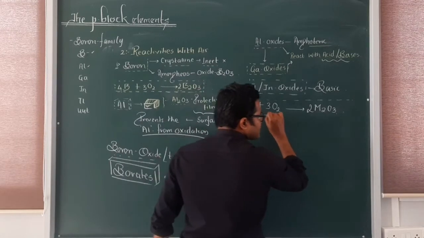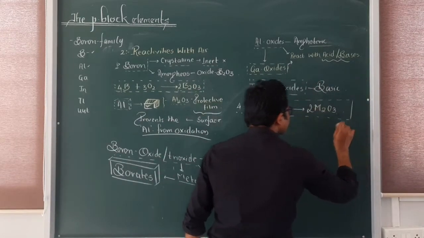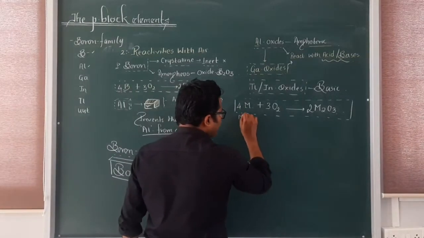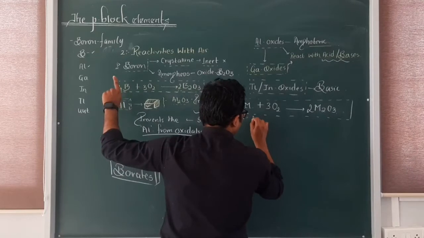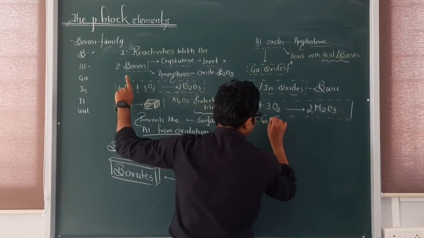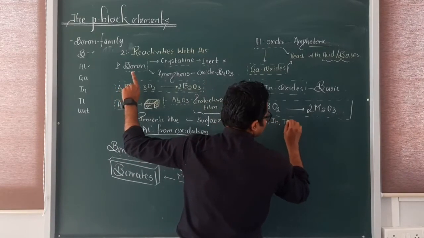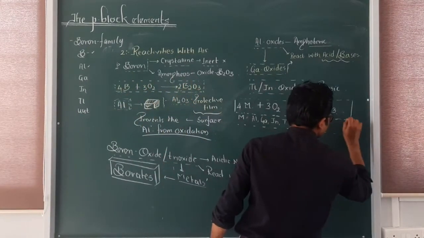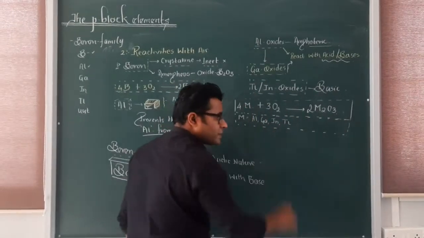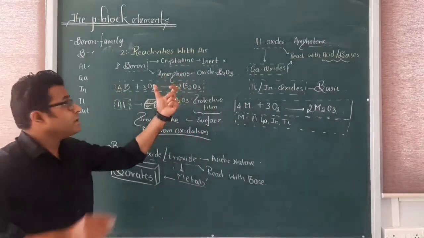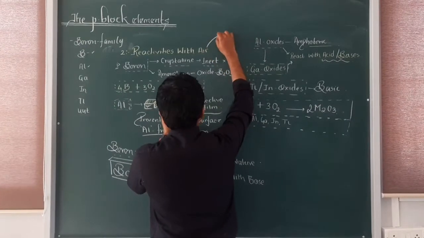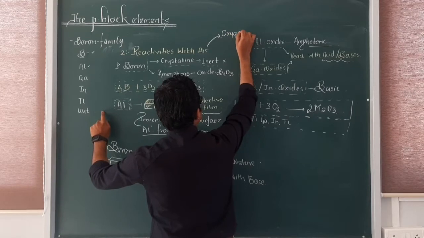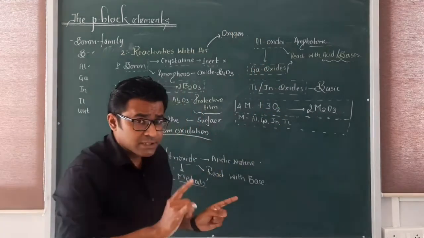Now this represents a general reaction wherein you can replace M as the metals from aluminium, gallium, indium, thallium. Right? Now, air. You have seen what will happen if we take metals and react them with the oxygen which is present in air.